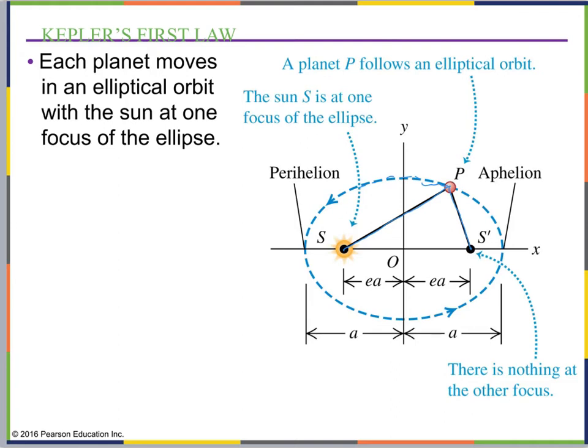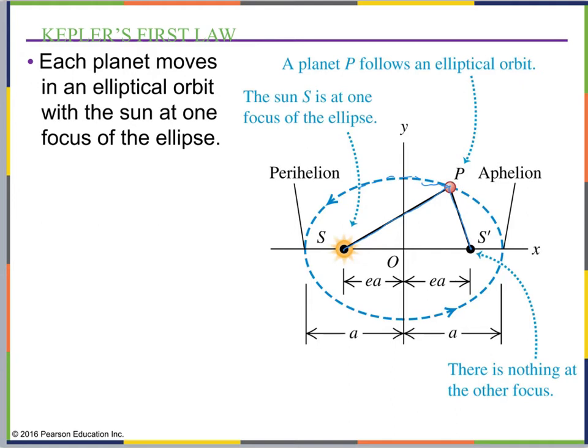This also was important to understand because it turns out that while in this picture the orbit's very obviously elliptical, the eccentricity of the ellipse of the planets' orbits, and the eccentricity basically is a numerical way to quantify how elongated the orbits are, is very, very small for most of our planets, which means they're almost circular, but just not quite.